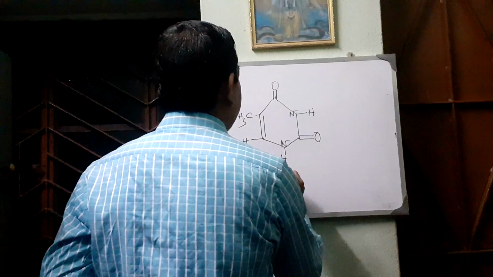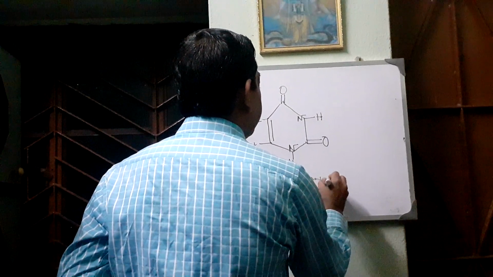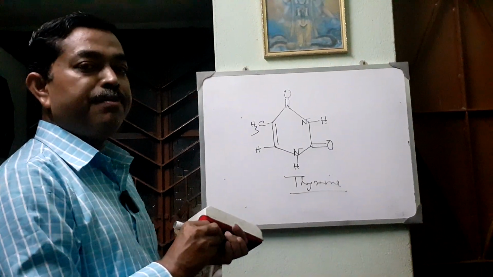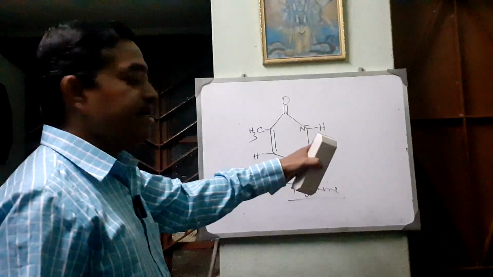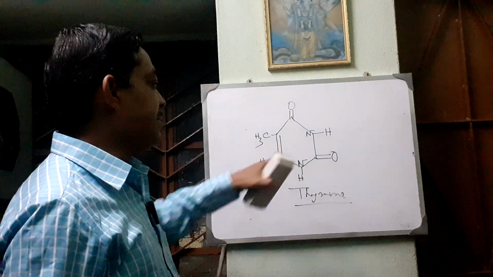This is the structure of the pyrimidine base thymine. So you can identify the structure of purine and pyrimidine bases. I have shown one purine base, adenine, and one pyrimidine base, thymine.